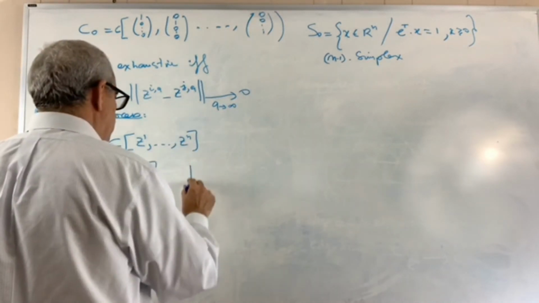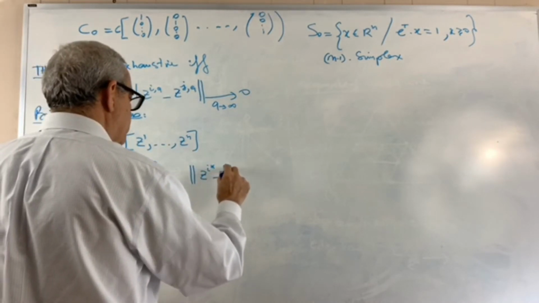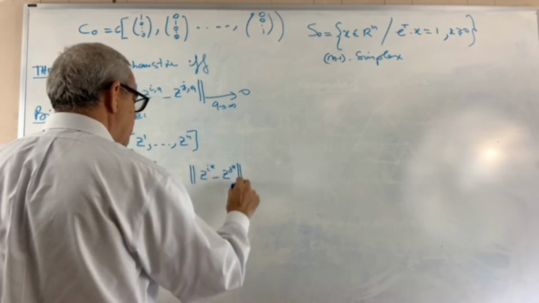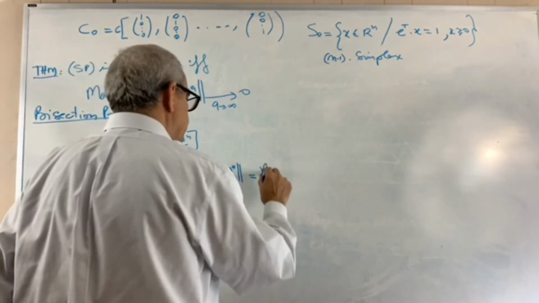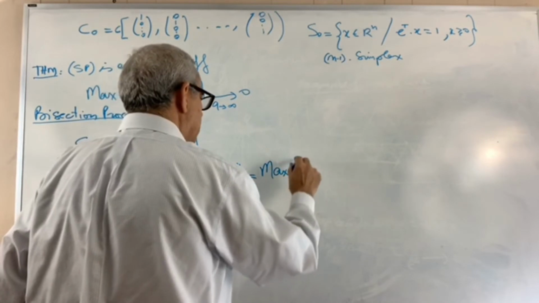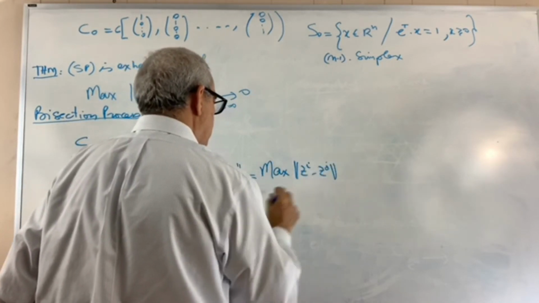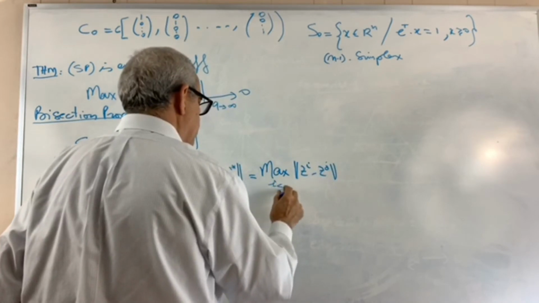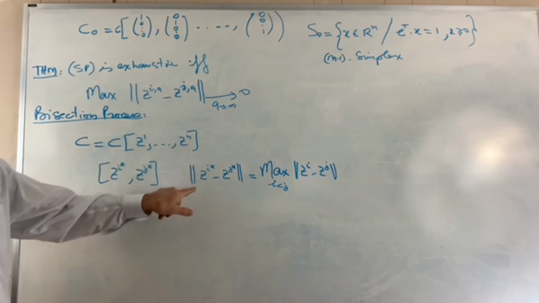That means the norm of Zi star minus Zj star is equal to the maximum of the norm of Zi minus Zj for all i strictly less than j. Of all the edges, this edge has the maximum norm.